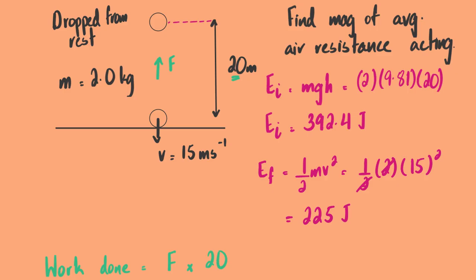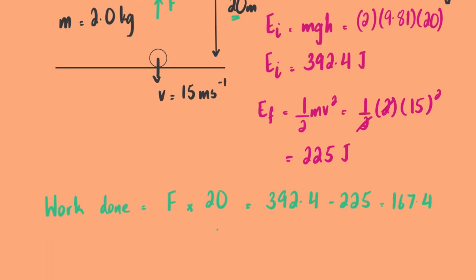So F into 20 equals the difference in energy, 392.4 minus 225, which is 167.4. So 167.4 divided by 20 is around 8. That is 8.37, or you can say 8.4 Newton, correct to 2 SF.